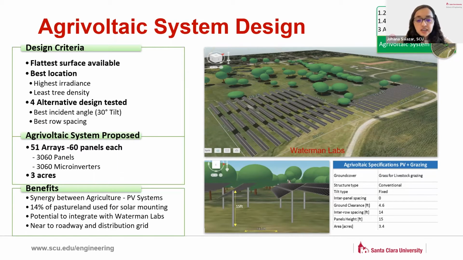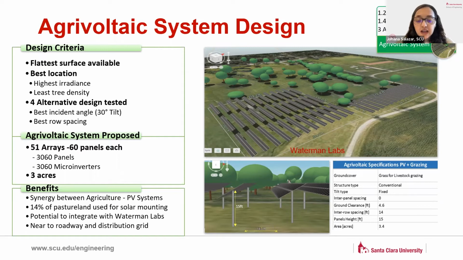We also picked this location to facilitate the installation of the PV systems and the maintenance activities. We also considered irradiance, picking a place with the most solar resource available. And we tried to avoid as much as we could the need for relocating or tree trimming.